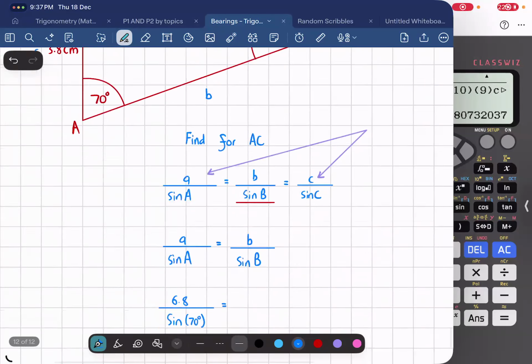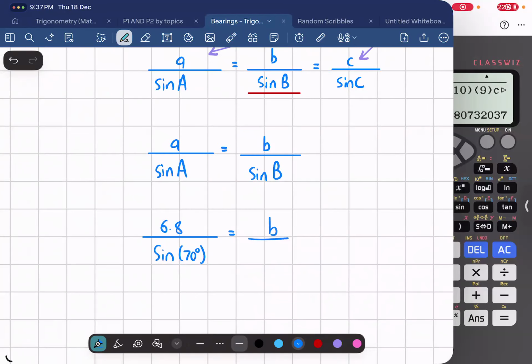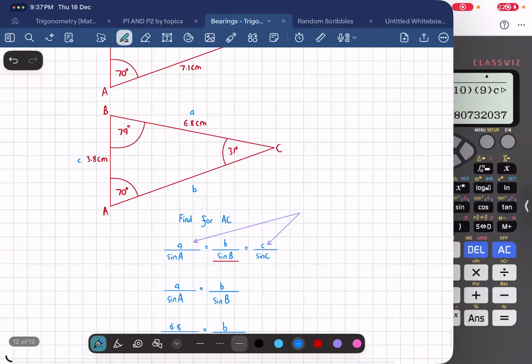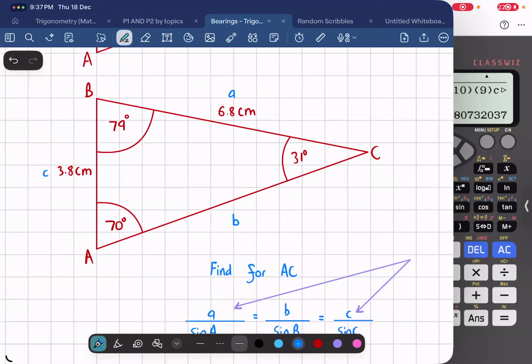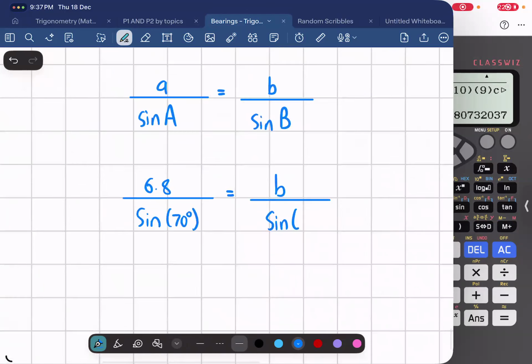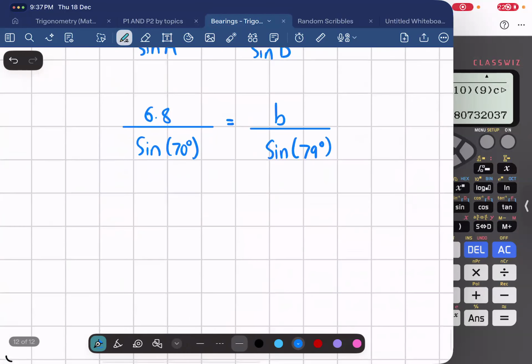B, we don't know what length B is, so I'm gonna leave that blank. Do I know what angle B is? What's angle B? I think it was 79. Yeah, it was 79. So what's the next step from here? If I want to find for B, I'll have to do what? Cross multiply.